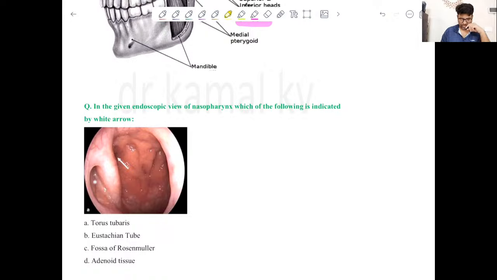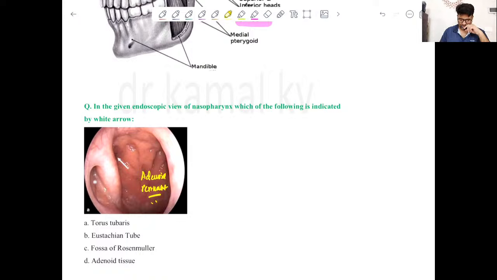So Varun, very good. This is actually adenoid remnants, because we know that the adenoid gets atrophied by around 11 to 12 years of age. So that remains as adenoid remnant.